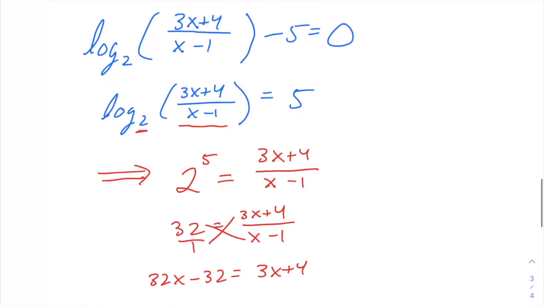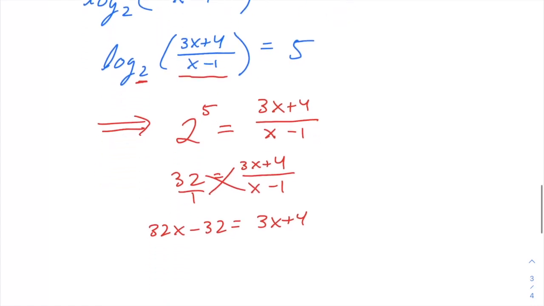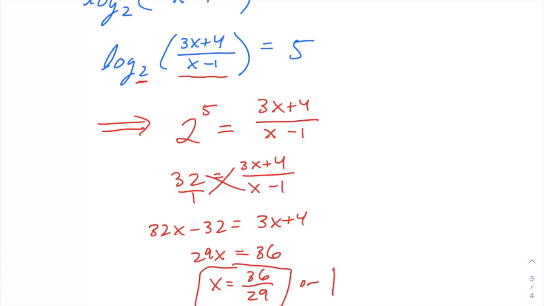And solve for x. Get your variable on one side, constants on the other. So I'll have 29x when I subtract 3x from both sides. Add 32 to both sides. I'll have 29x equals 36. Divide by 29. X equals 36 over 29. That does not reduce. You could use a mixed fraction if you like, 1 7/29, either or.